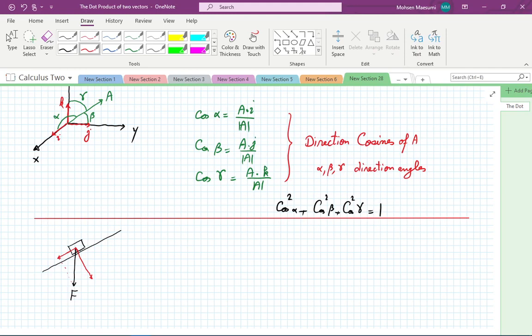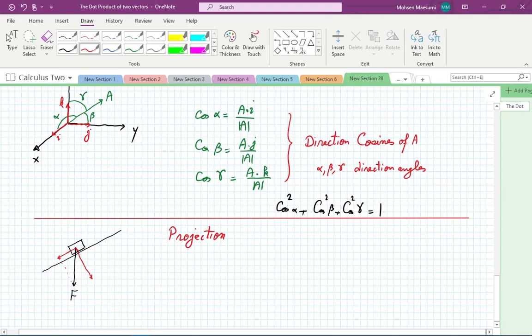So this is referred to as a projection. Somehow this reminds us of a projection, as if you are casting a shadow. If you have a source of light here and this was an object and you were casting a shadow on this screen, you could think about this as the projection of F along that vector.